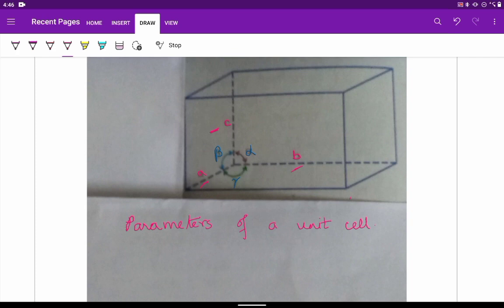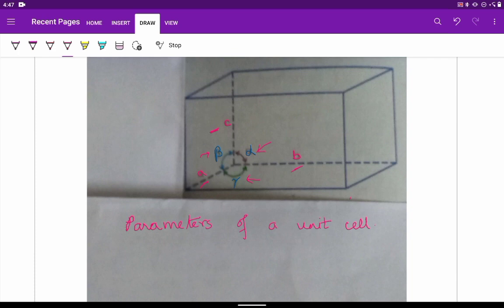The next are the angles between the edges. This is alpha. Alpha is between B and C. Beta is between A and C. The third one is gamma, between A and B. So these are the parameters of a unit cell.